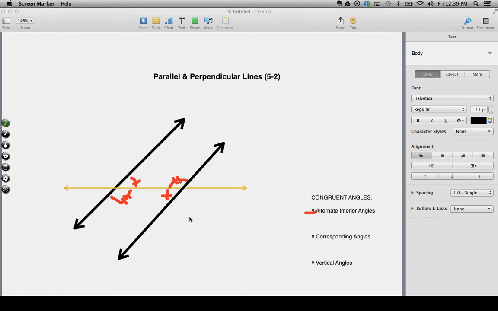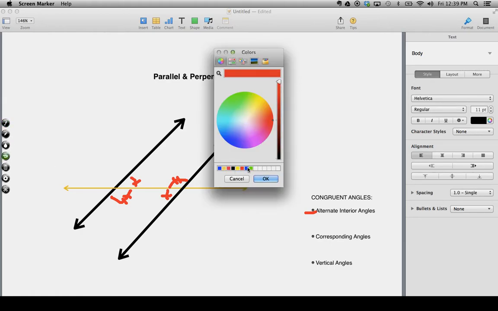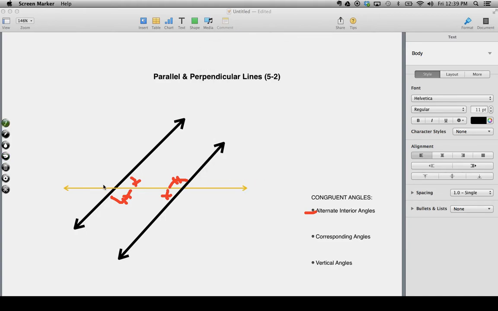Okay? Our next situation is going to be corresponding angles. Our corresponding angles: this angle here corresponds with this angle, meaning they are also congruent and have the same measurement. On the flip side, this angle is congruent to this angle because they are also corresponding angles.